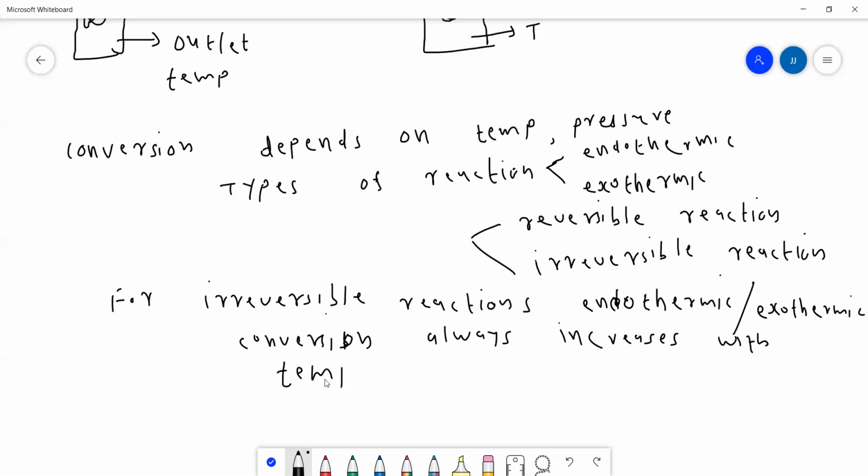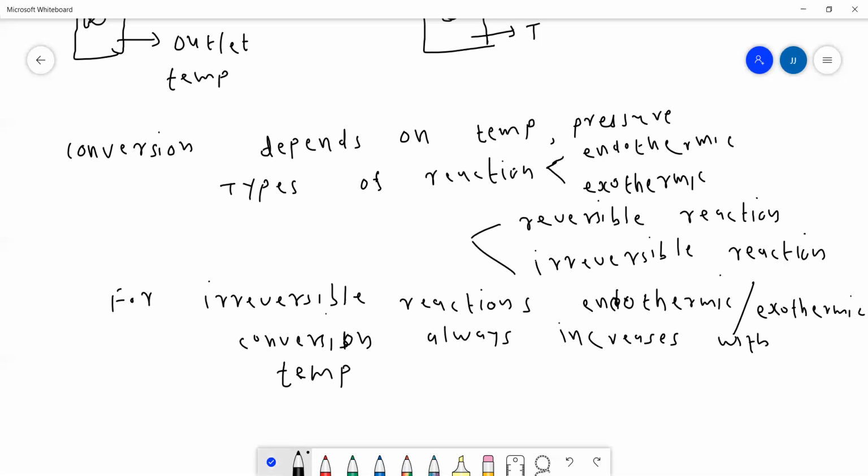Now, why does the conversion increase with temperature? Because we know that as the temperature increases, the rate of reaction also increases.